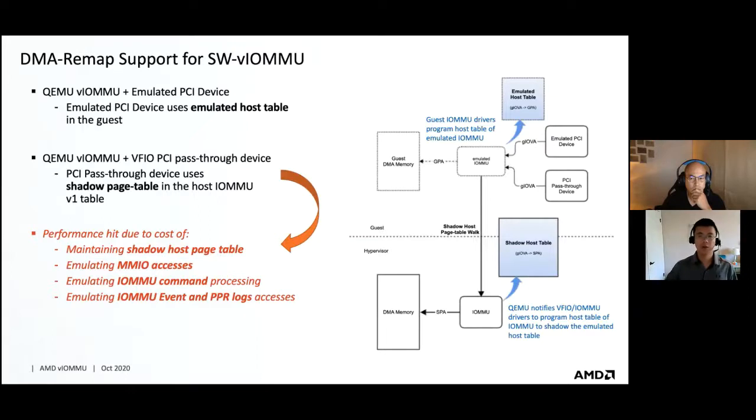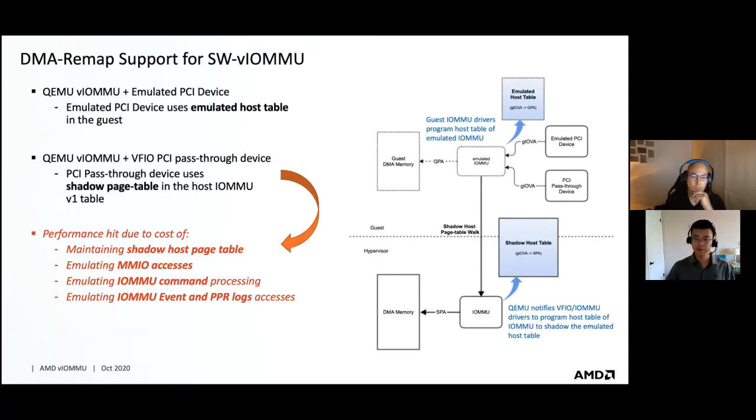As you can see on the right-hand side, for an emulated PCI device, all the DMA coming up will be managed by the emulated IOMMU. And this emulated IOMMU maintains an emulated host table that does a translation from guest IOVA to GPA. But for a PCI pass-through device, because this device is managed by the host IOMMU, the real IOMMU hardware, the software needs to create a shadow host table that does the translation from guest IOVA to SPA.